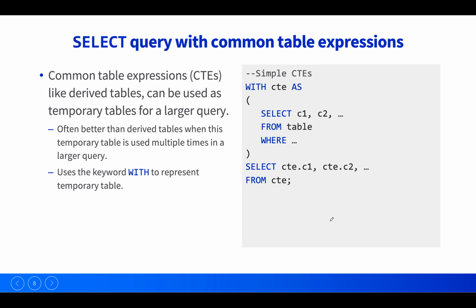So to create a common table expression, we have to make use of a special keyword called WITH, and this essentially tells SQL to create this common table expression as follows. In this particular example of a select query with a common table expression, we first instantiate this common table expression, similar to how we instantiate variables in Python.